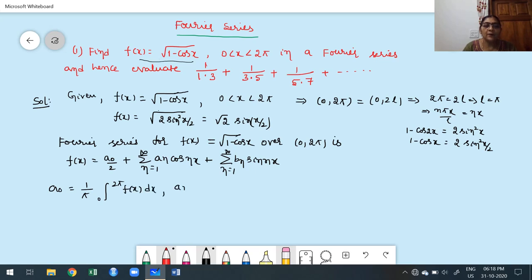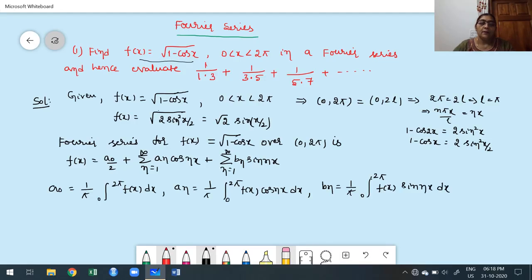What is the a n formula? 1 by pi, integration of 0 to 2 pi, f of x into cos nx with respect to x. And similarly, the formula for b n is 1 by pi, 0 to 2 pi, f of x into sin of nx with respect to x.